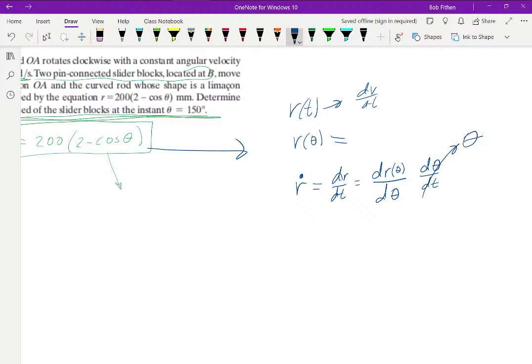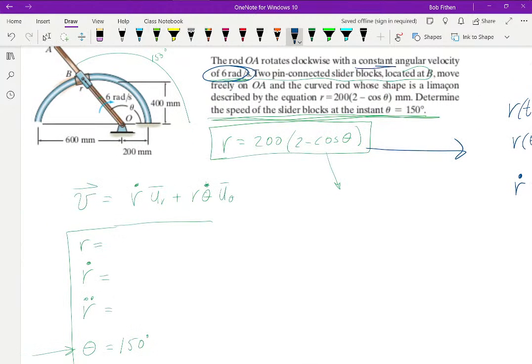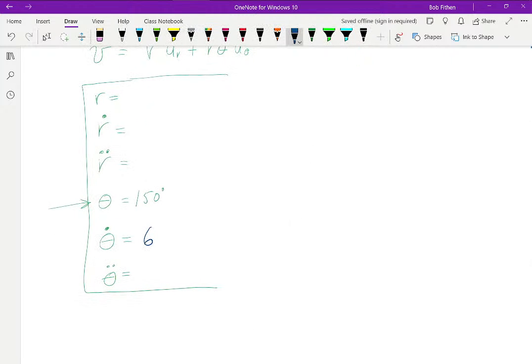This term simply becomes theta dot, which actually was given here. It says it's a constant angular velocity. It says it's 6. Since it's constant, that is 0. So all I'm left with is these.